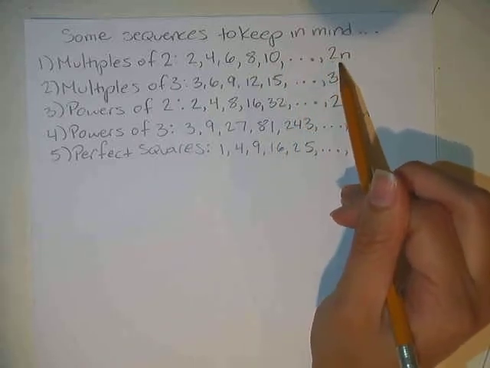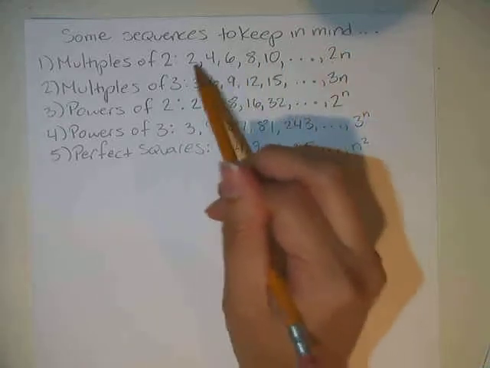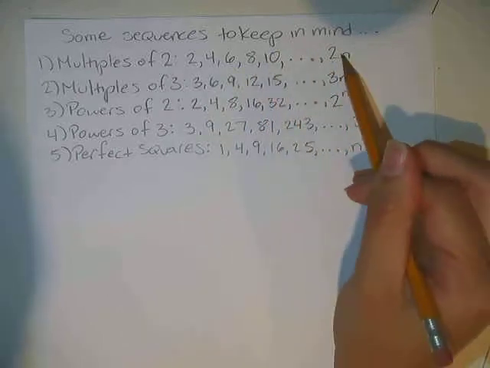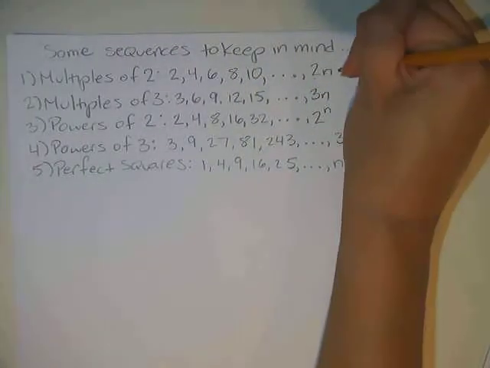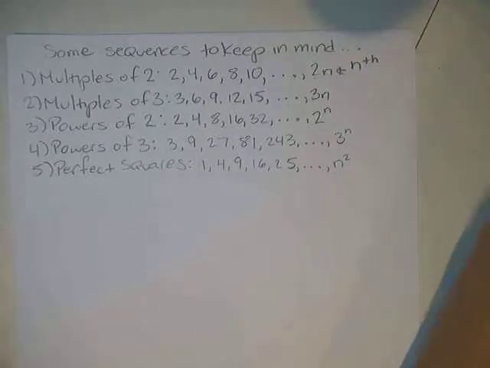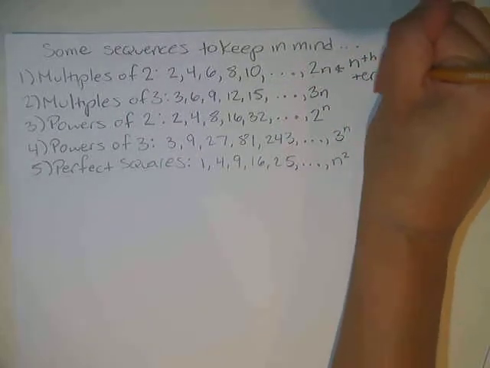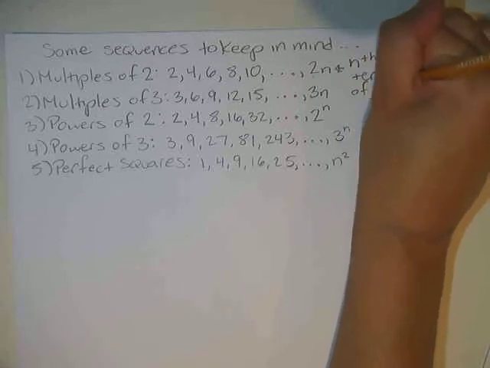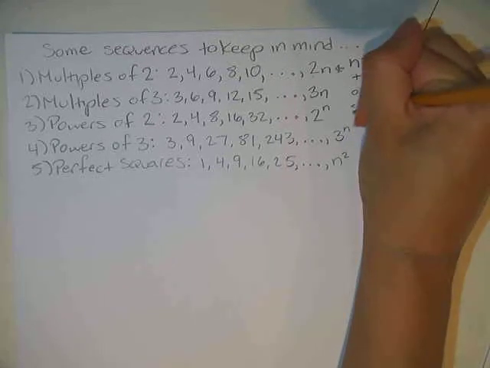In this first sequence here, since this is called the first term, the second term, the third term, the fourth term, and the fifth term, this is known as the nth term because 1, 2, 3, 4, 5, n is written like this.